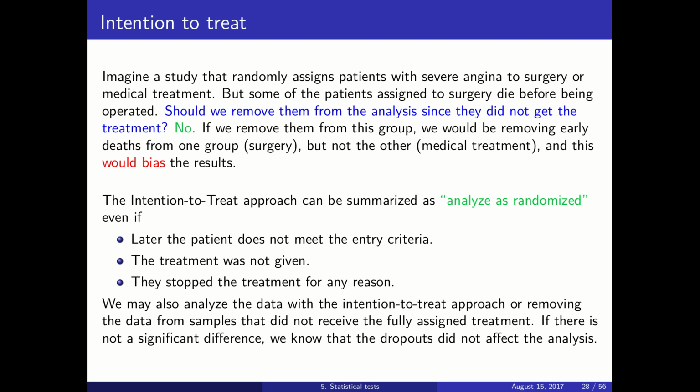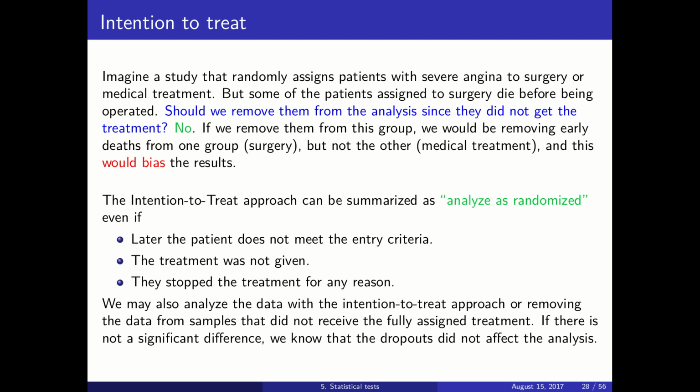So should we remove them from the analysis as they did not get the treatment we planned? If we think the time between being assigned to treatment and the time that they actually get treated is also part of the treatment. So if it takes 3 months to get into the operation room, then that is part of the treatment, even if you have not operated on that person. So you shouldn't remove them.